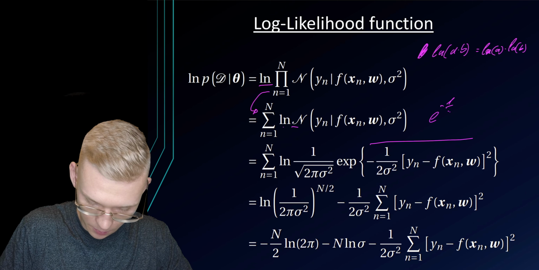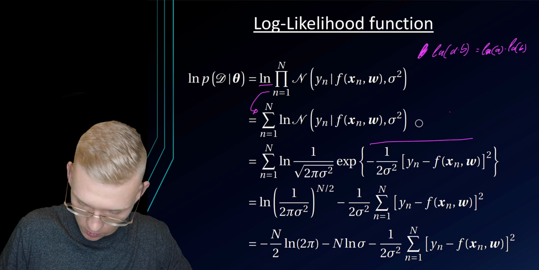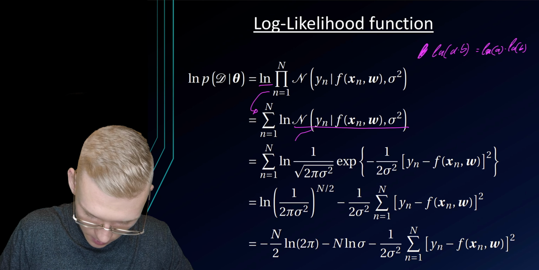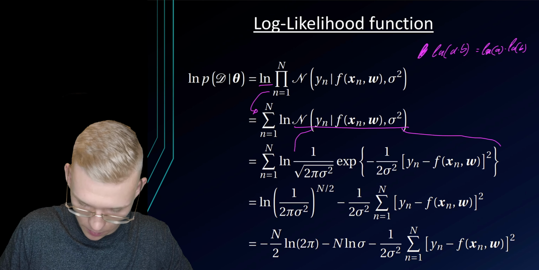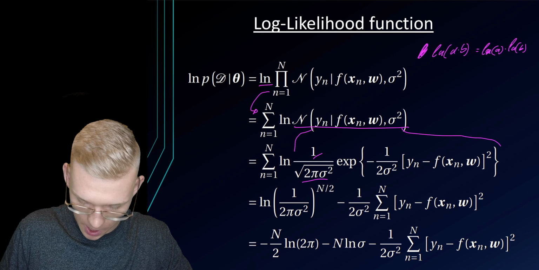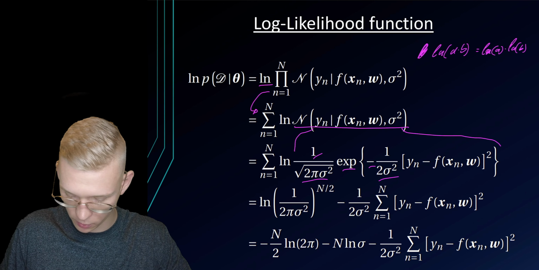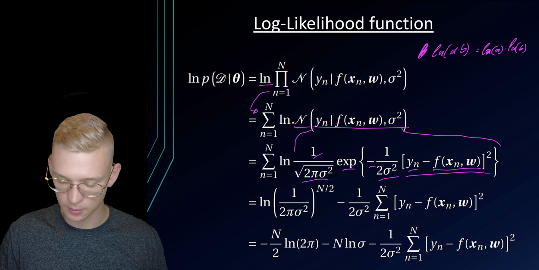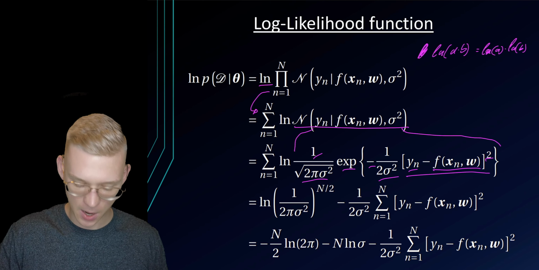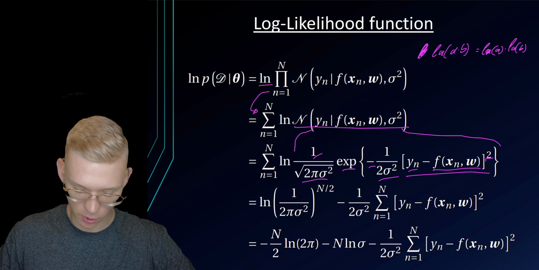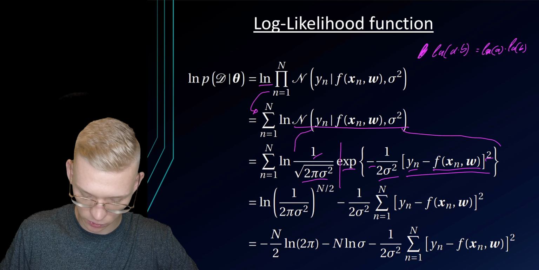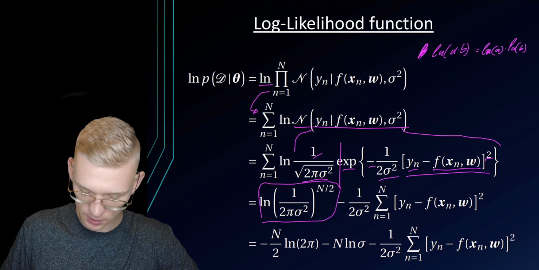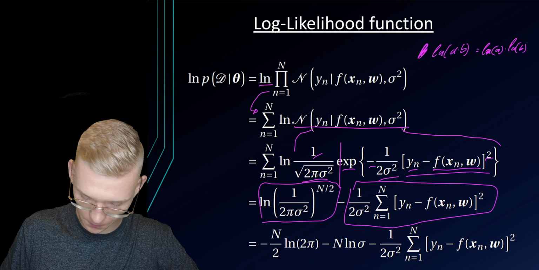So we have the probability of 1.5 times e to the minus 1 over 2 sigma, and the difference between the observed and predicted value squared. Now we can use again the rules of the logarithm, where we split these terms into two: the logarithm of a constant, and minus this term.